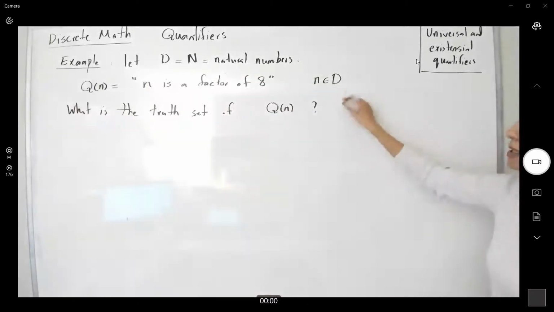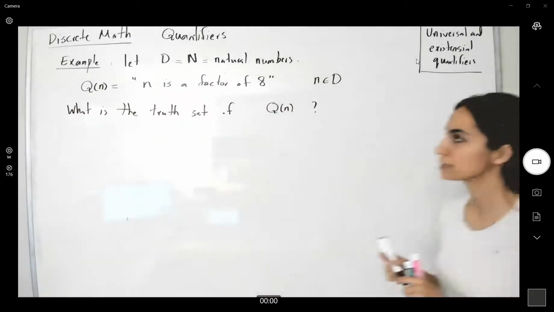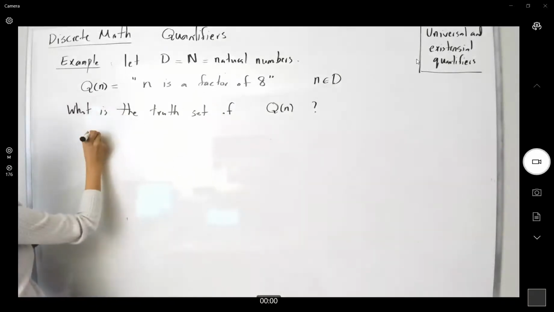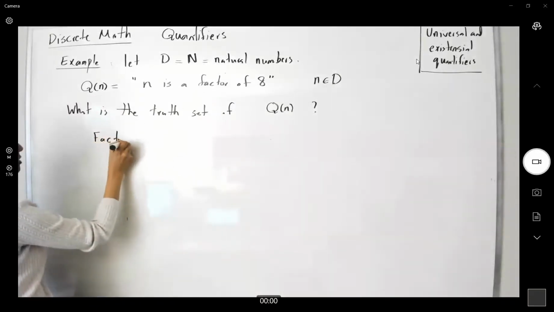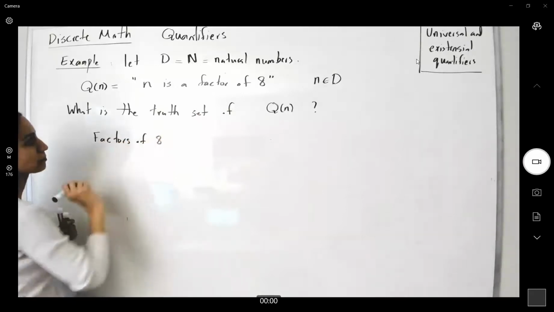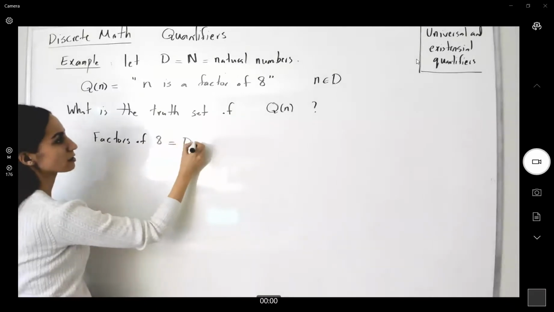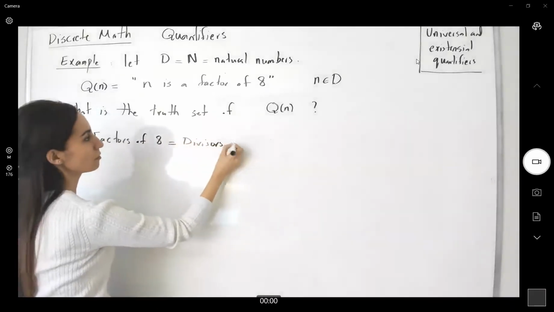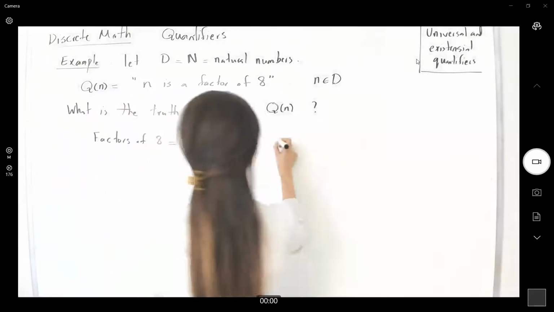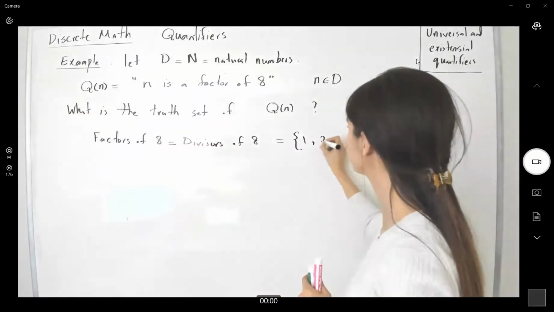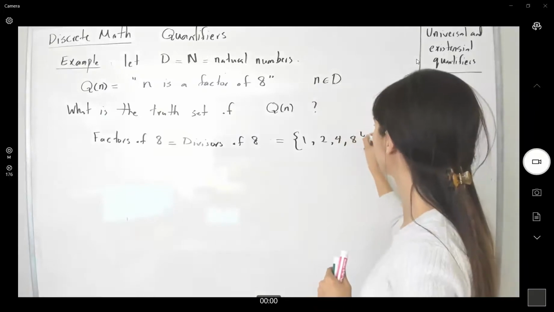So the domain is just the natural numbers, and we're looking for the factors, or divisors, of 8, which are equal to the set of 1, 2, 4, and 8.